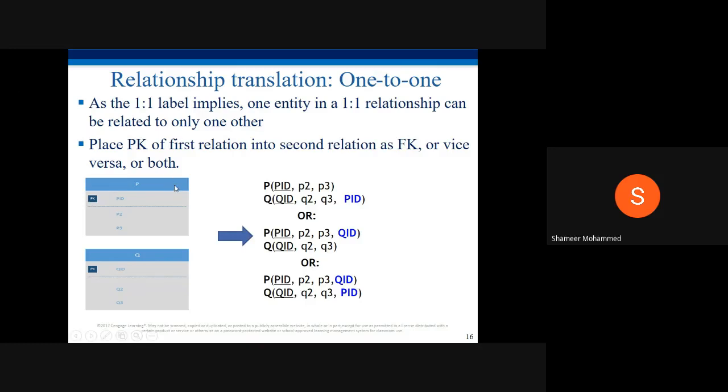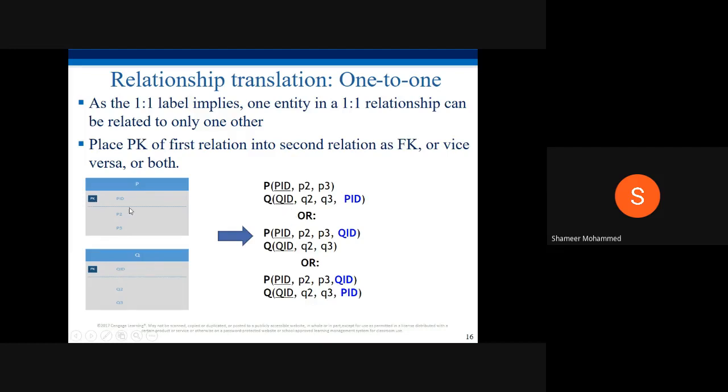How? There are different ways. One possible way is, see here, this is entity P and these are the attributes. This is entity Q and these are the attributes. In entity P, this is the primary key. In entity Q, this is the primary key.